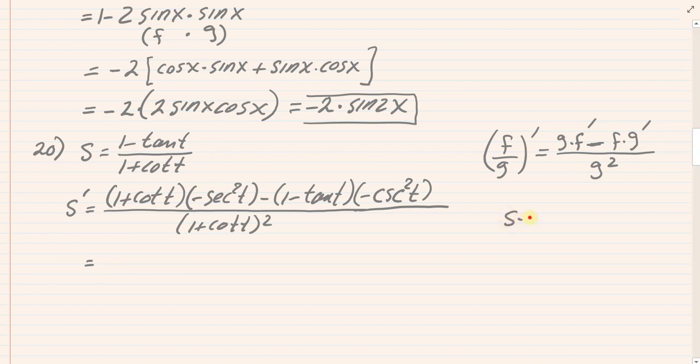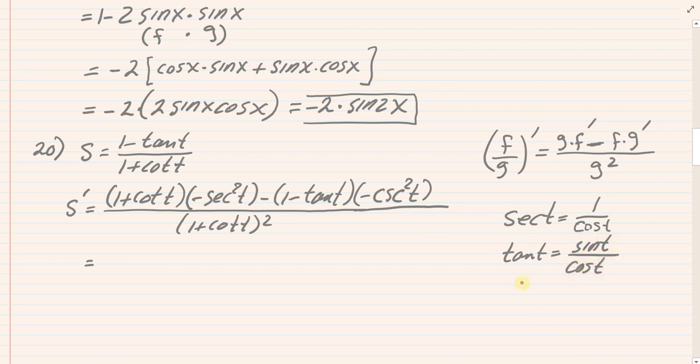Let's do a sideline here. So remember, secant is the ratio of 1 over cosine, right? 1 over cosine t. And tangent is the ratio of sine over cosine, right? Tan is sine t over cosine t.